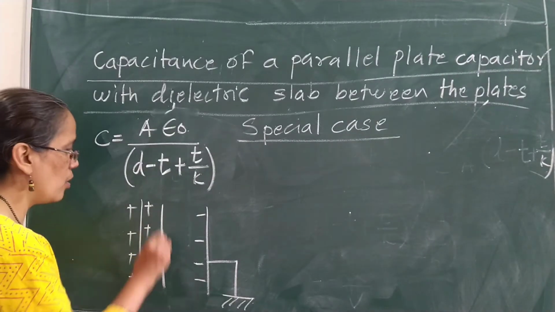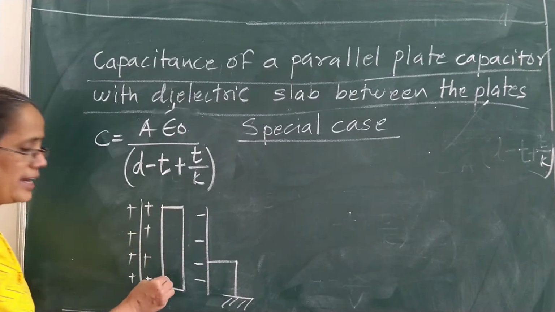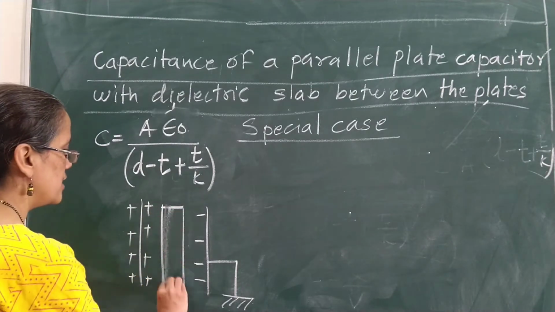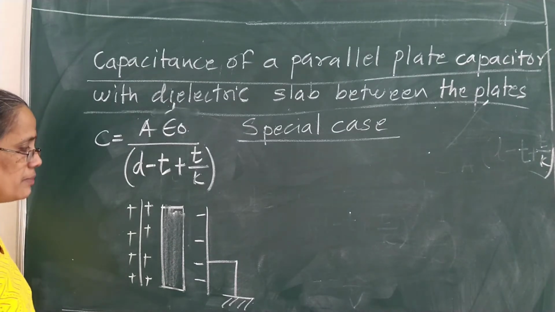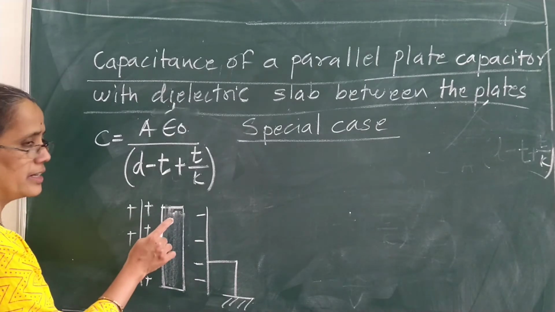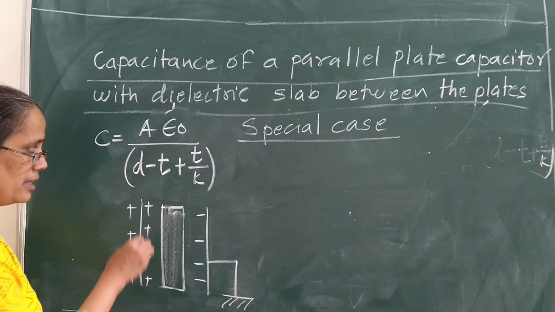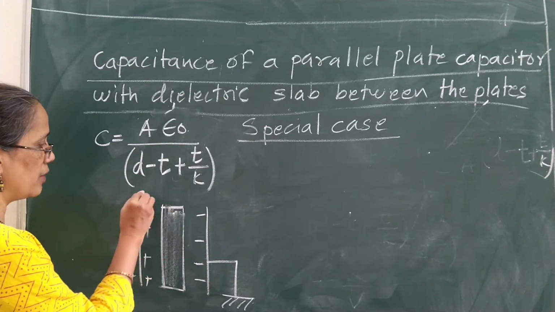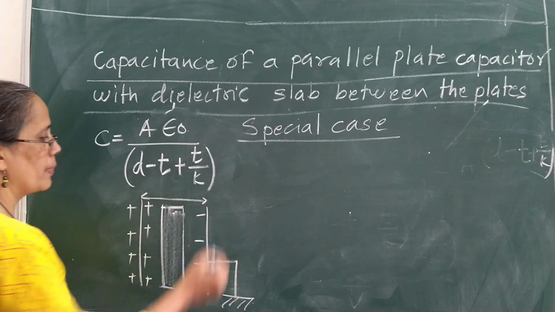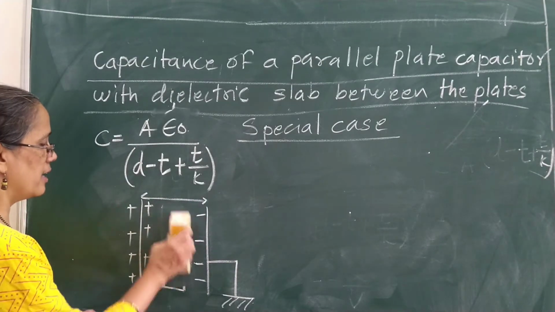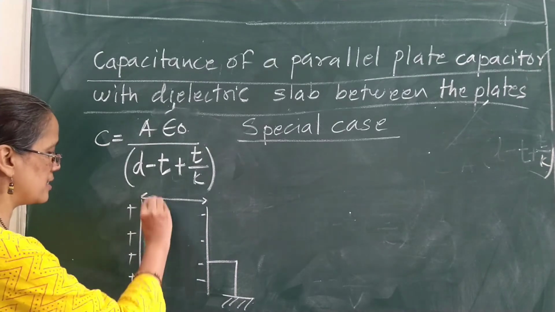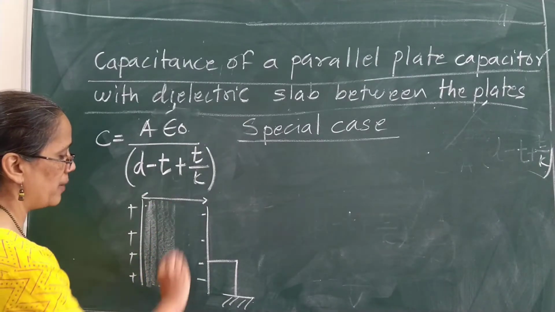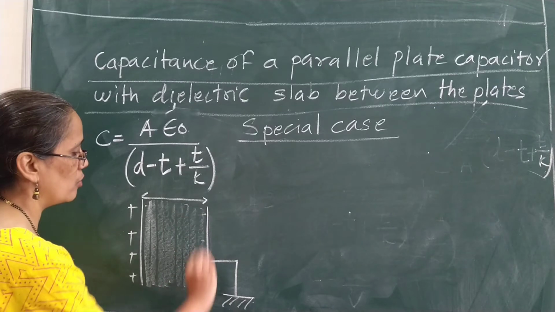Initially I have drawn a dielectric slab of certain thickness T. Now, if this dielectric slab thickness is completely equal to D, it means I can fill the complete space between the two parallel plate condenser with the dielectric constant.